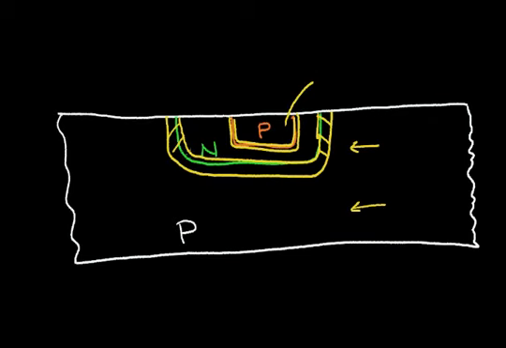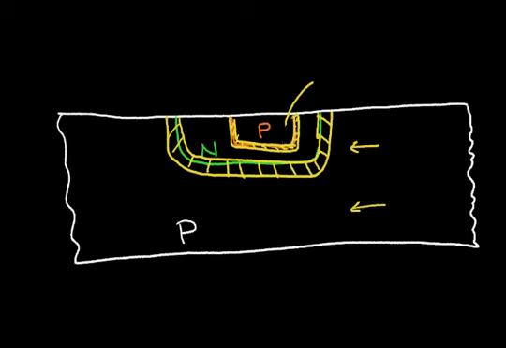So I can know that this depletion region between this N and P region is wider. And it's wider because the concentrations are lower. And I can know that this depletion region between the P and the N material here is a thinner region. And it's thinner because the concentrations are higher.